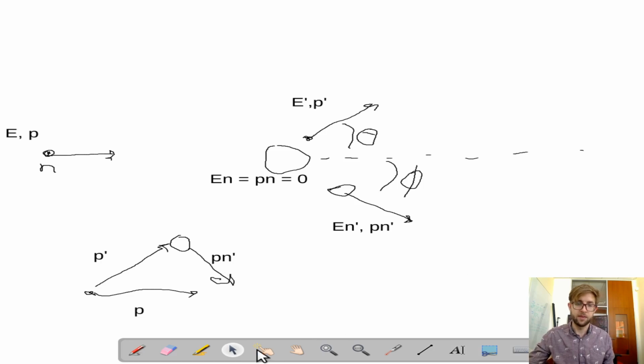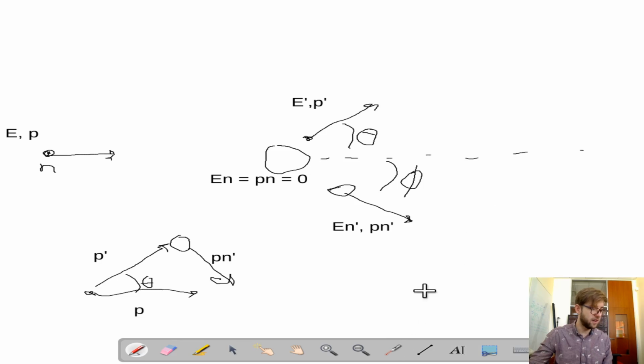Okay, so now we have a nice little triangle here, and the thing that we don't know is the angles, but this angle here is identically theta.